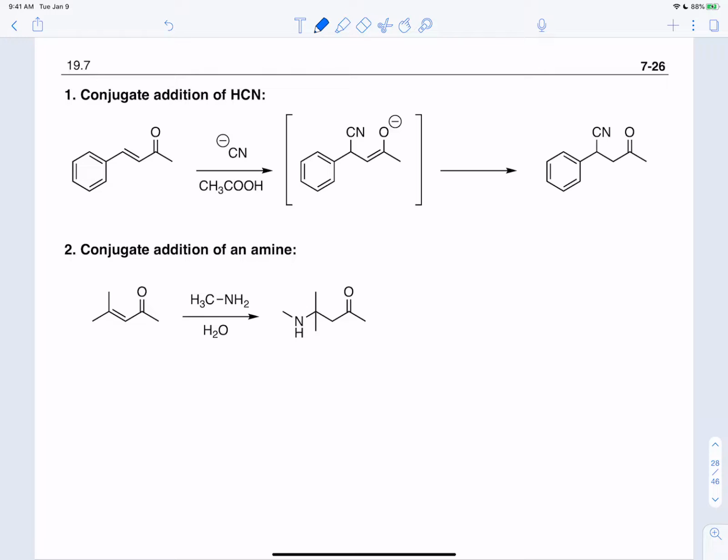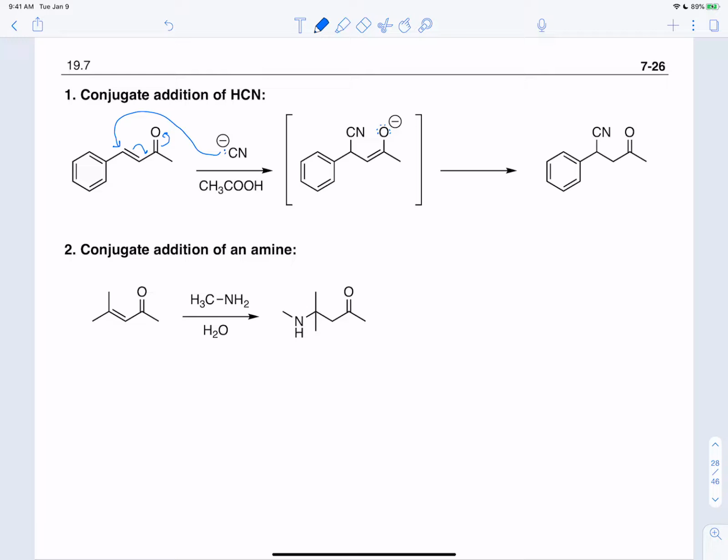Let's take a look at some of these types of reactions. I mentioned the nucleophiles on the previous slide, and we're just going to show a couple of reactions of how these things can work. We mentioned cyanide can be a soft nucleophile. This simply means that we're going to have an attack on this beta carbon in the 4 position. We're going to be able to move the electrons up to the carbonyl, so the intermediate will actually be an enolate.